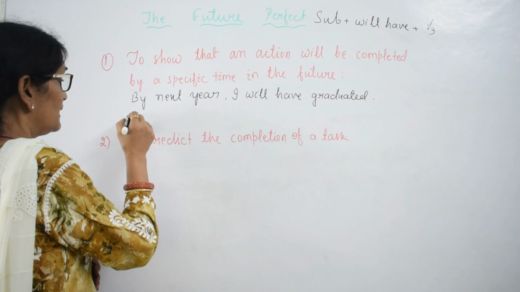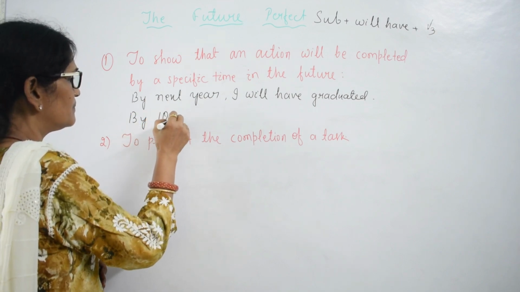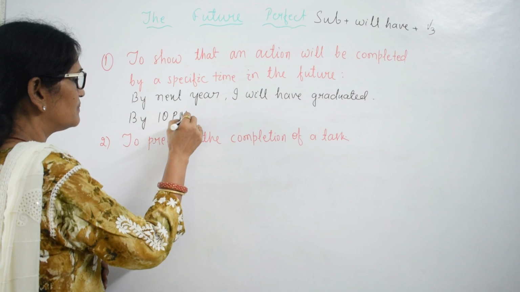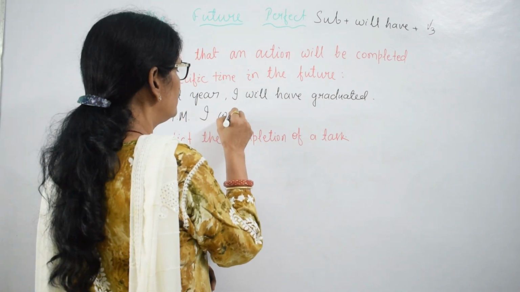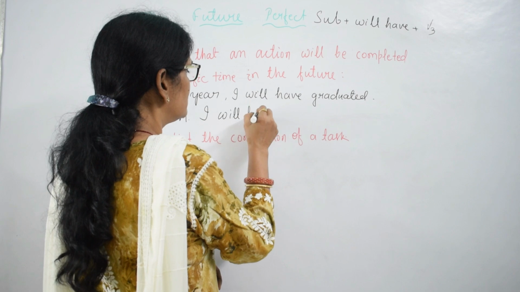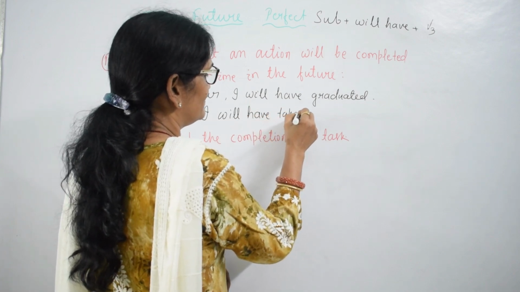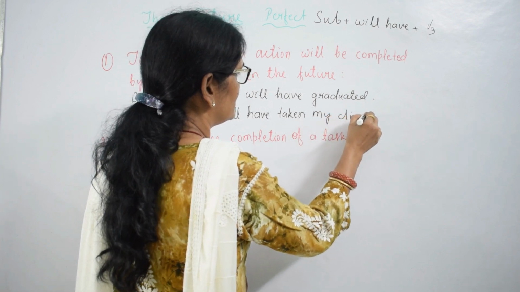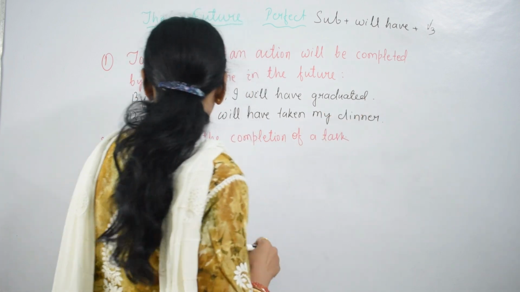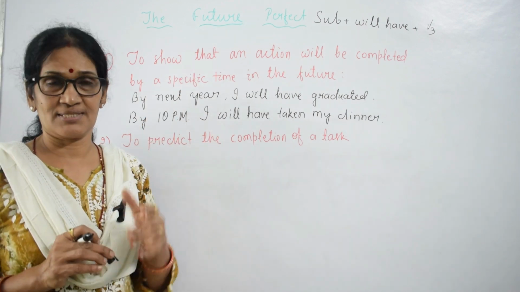By 10 p.m., I will have taken my dinner. This is how we use future perfect to predict the completion of a task.